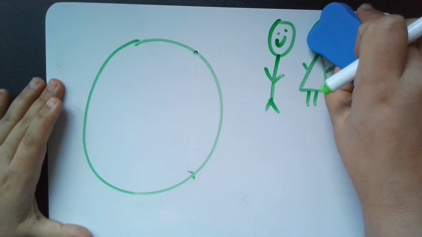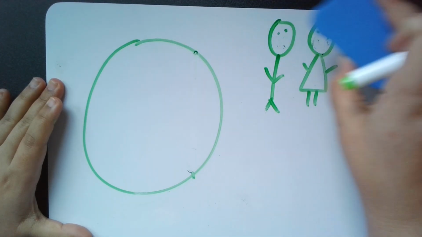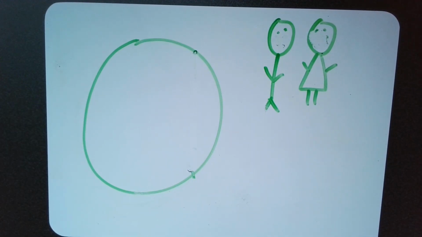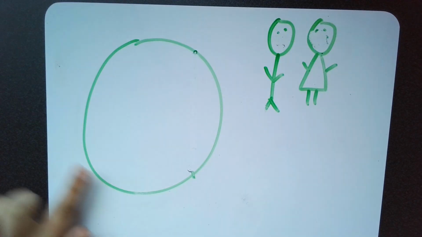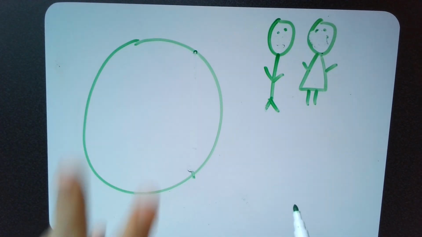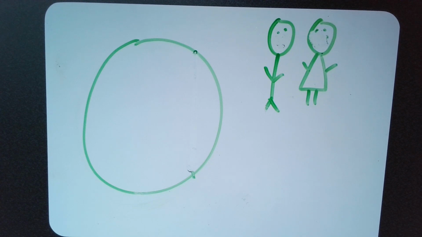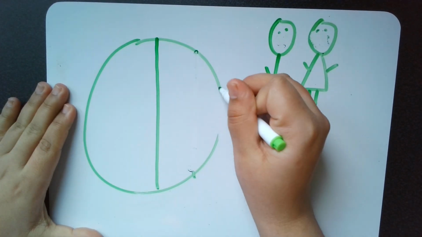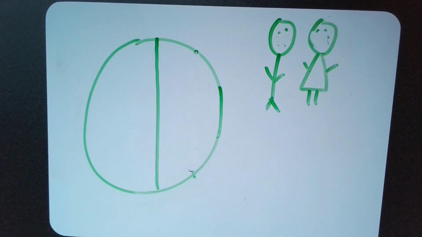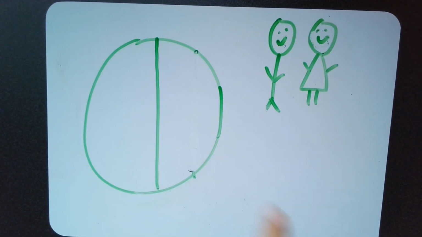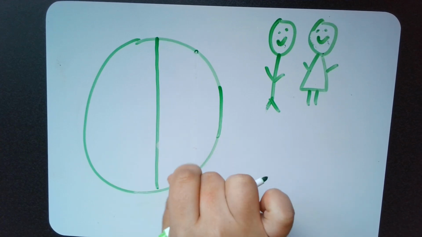Let's try that again because I don't want my people to be sad. Okay, let me try that again. We've got two people and I want to divide this pizza into two equal parts. How about if I do this? I'm just going to go straight down the middle. This is so much better. I've got two equal parts now.